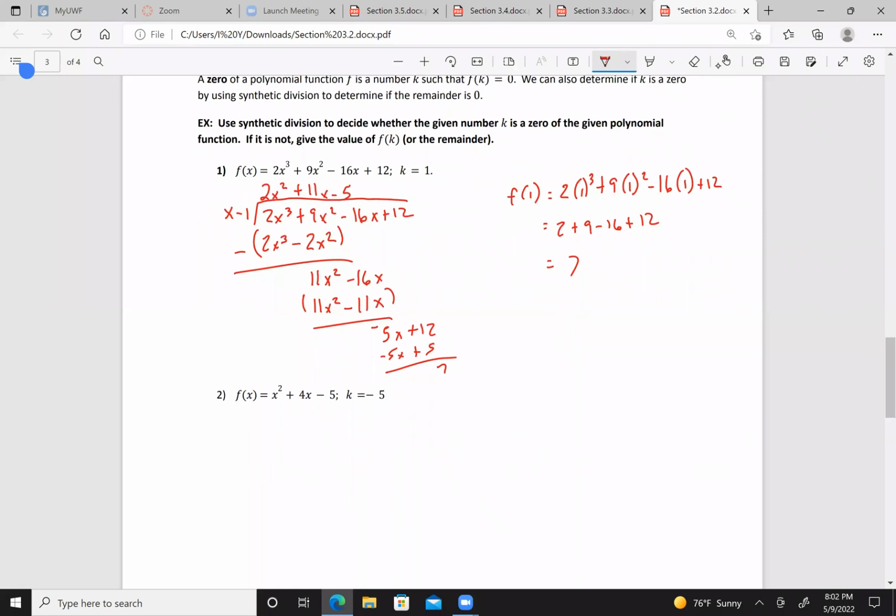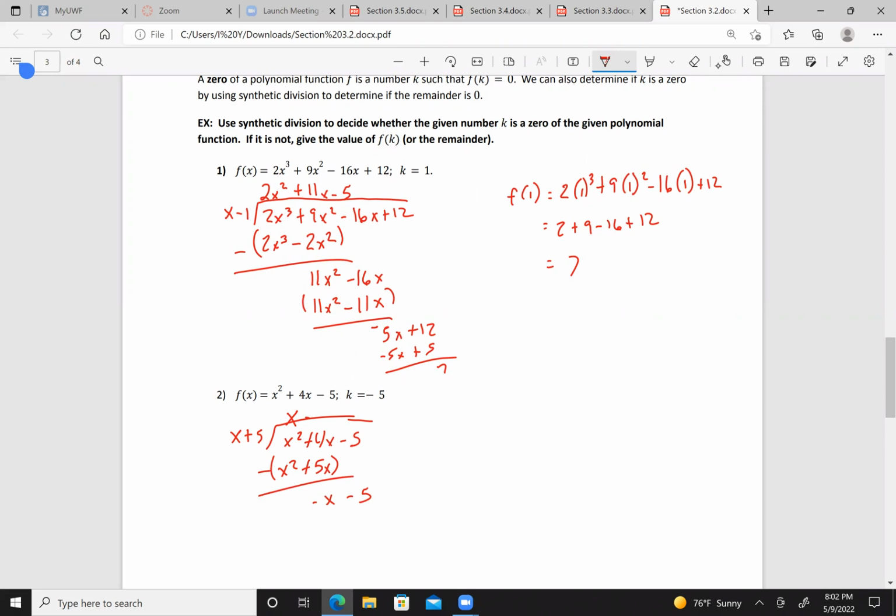Okay, now I have k equals negative 5. Now I have x plus 5 going into x squared plus 4x minus 5. So x goes into x squared. We have x, which gives me x squared plus 5x. Subtracting all this, I get negative x minus 5.